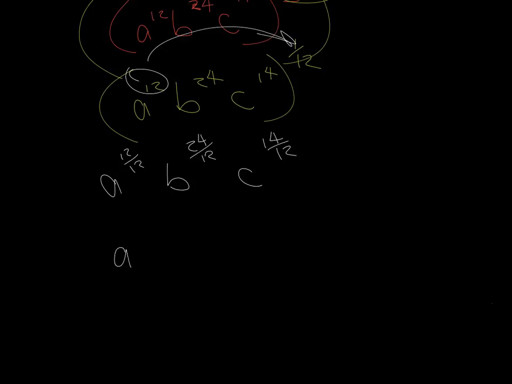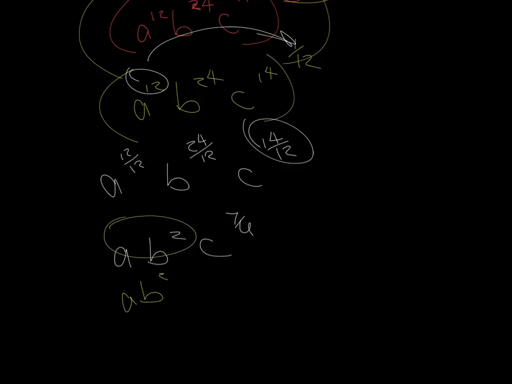So 12 over 12 is 1. 24 over 12 is 2. And C, if we were to reduce that, that would be 7 over 6. But because the problem is in radical form, let's go ahead and put it in radical form. So these don't have fractions for their exponents, so they're not in radicals. This one does.